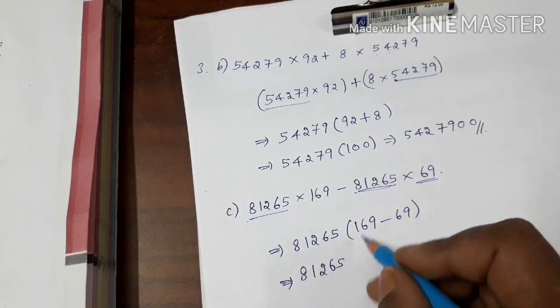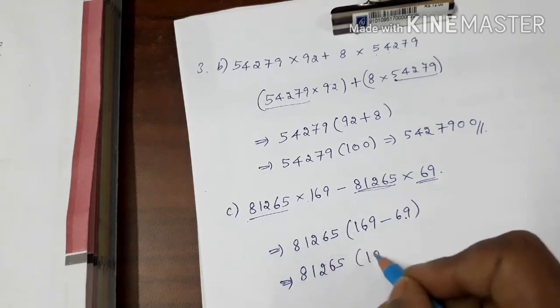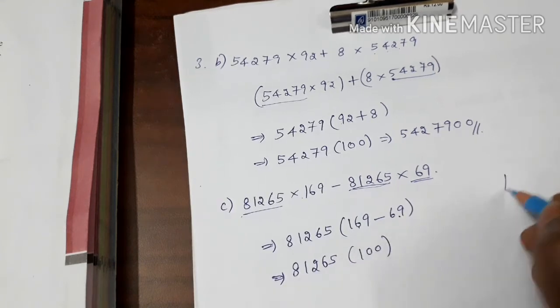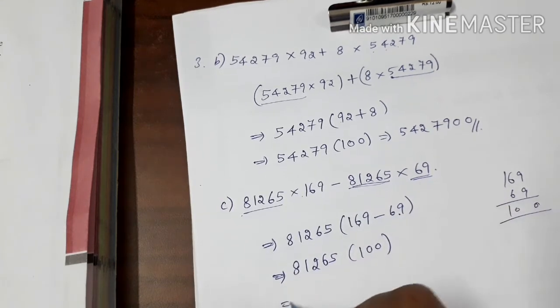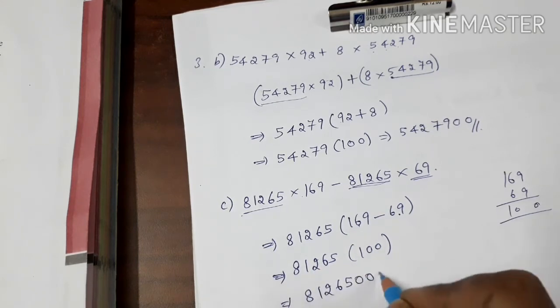We are subtracting 69 from 169, and we will get 100. When we multiply, we get 8126500.